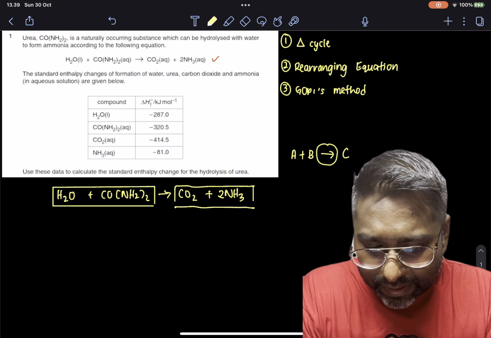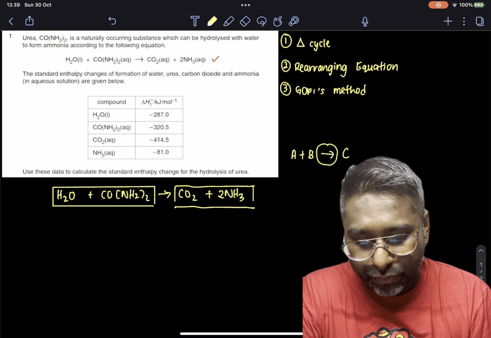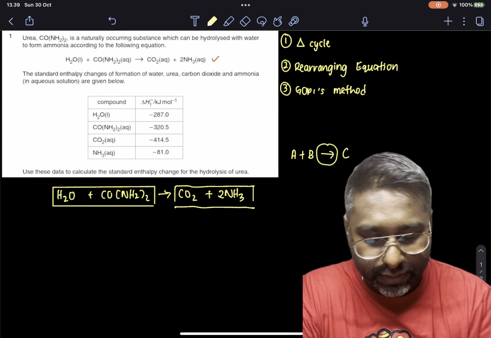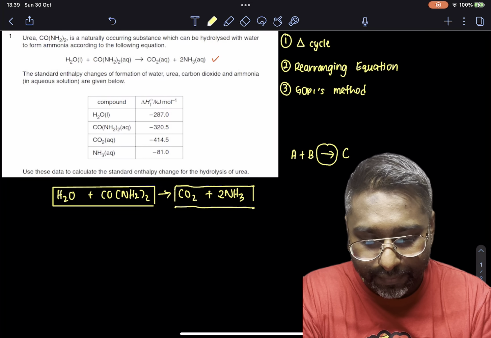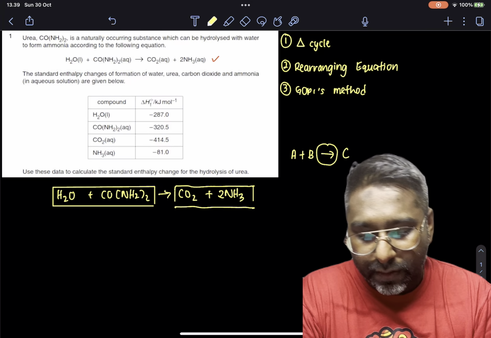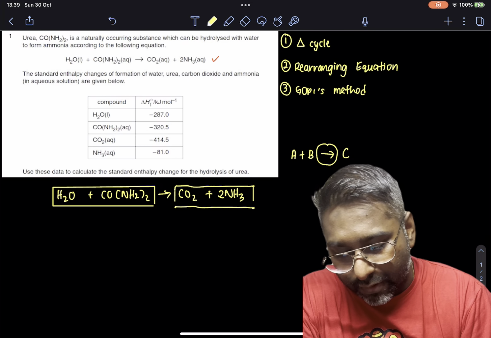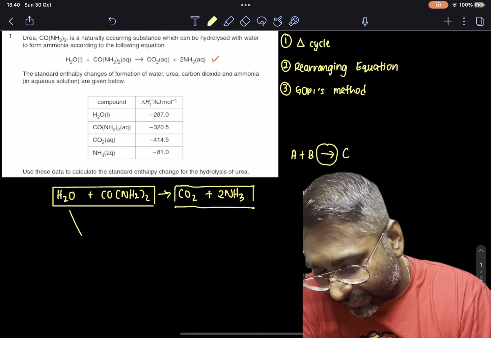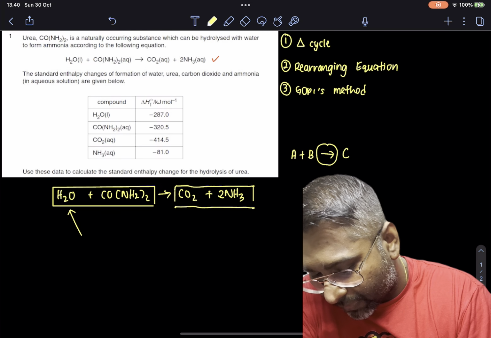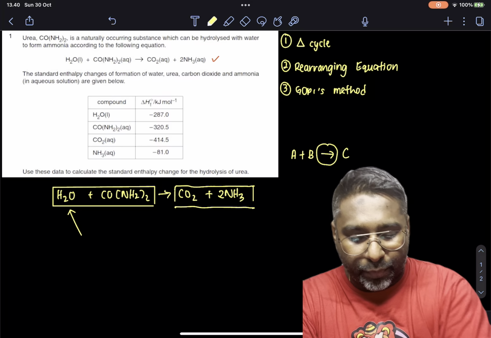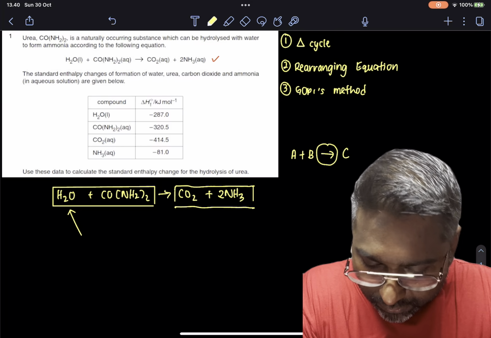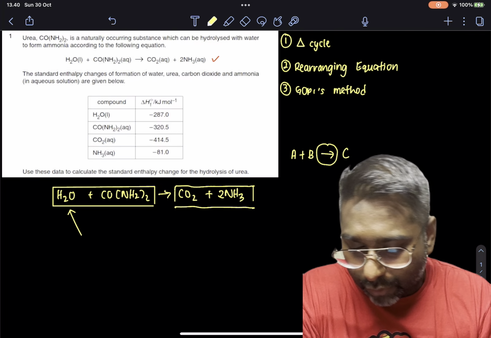In this case, we are going to draw the triangle, the enthalpy cycle, the Hess's law cycle. First, we are going to represent the formation of water. You see the arrow pointing towards the H2O, to form water. And how do I form water?